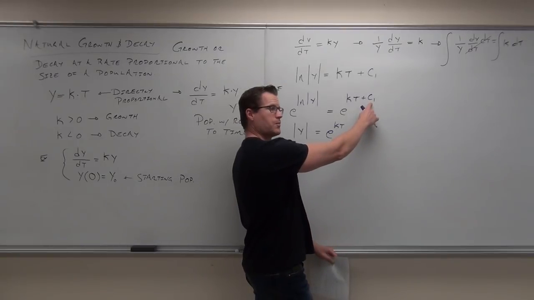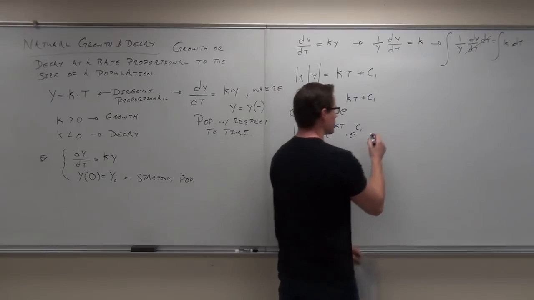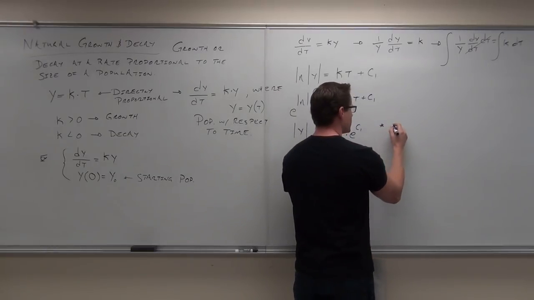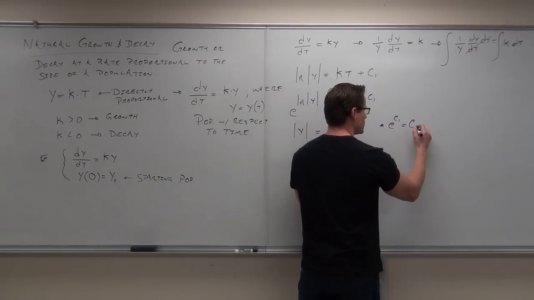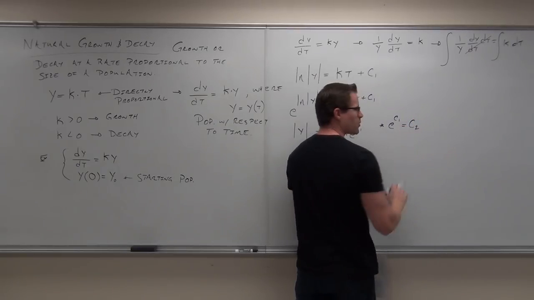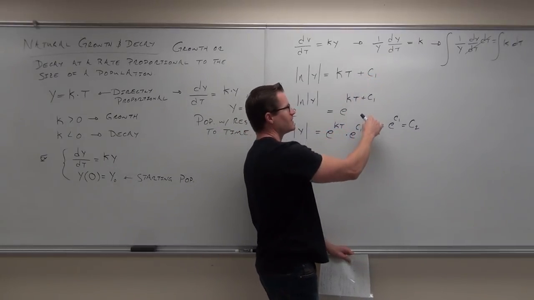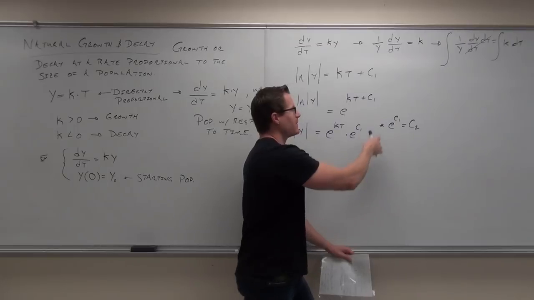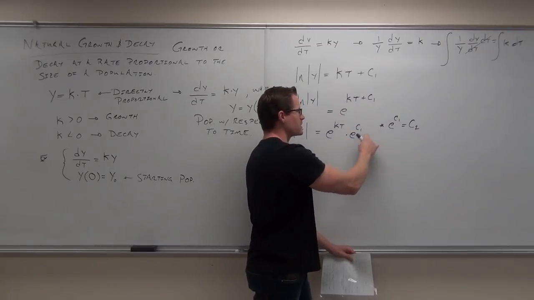Now, at this point, let's do a little razzle-dazzle. This is a constant, true? Yeah. Is this a constant? Let's call this a constant then. So we're going to make a little side note. e to the C1 is now going to be equal to C2, our second form of our constant. Does that make sense? So here's our first one. We go, no. Let's split this off. Because if I can split this off, this is nice to get rid of this thing, right? So, hey, that's still a constant.